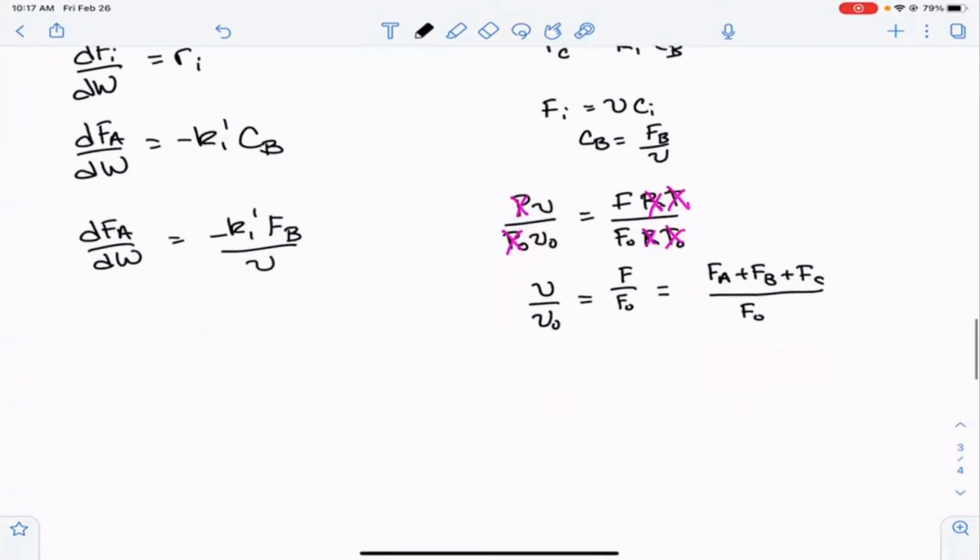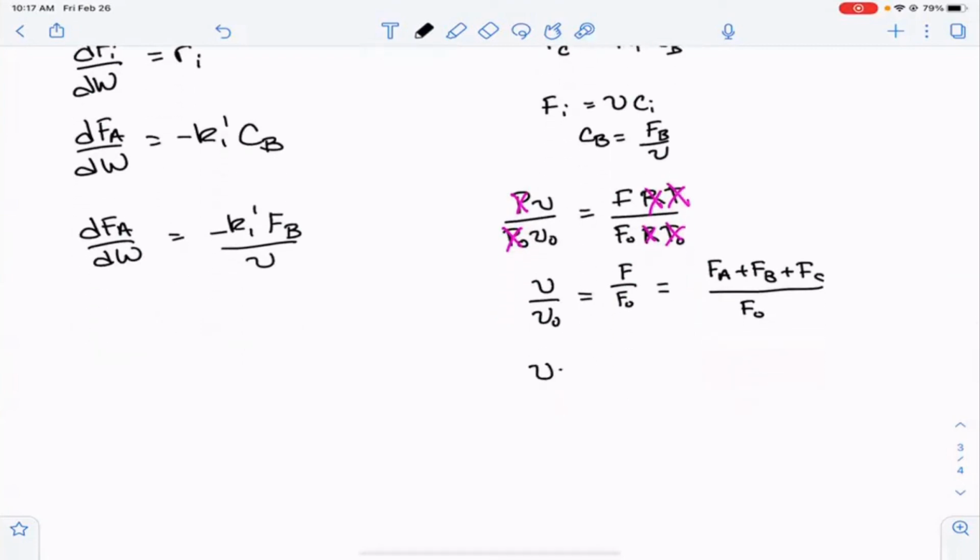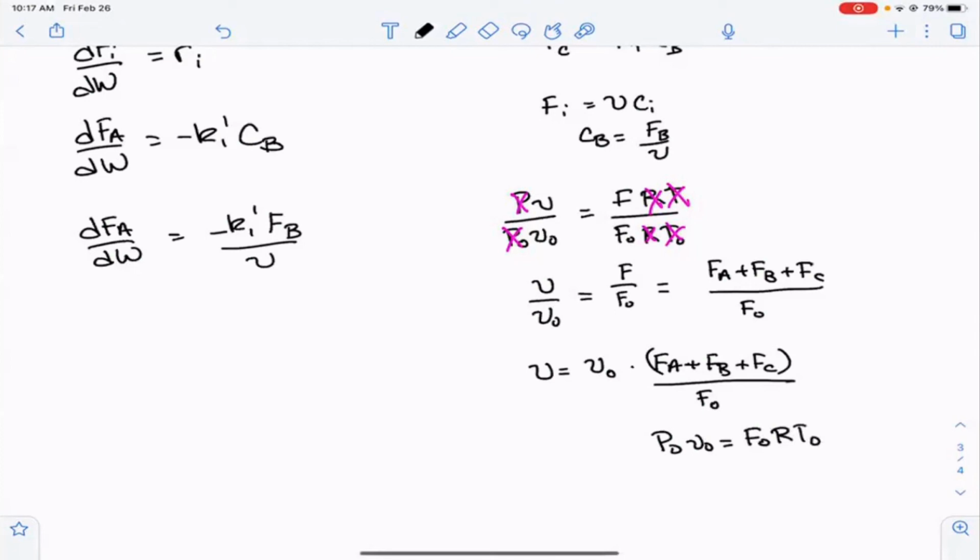Okay. And so then our volumetric flow rate equals our initial volumetric flow rate times FA plus FB plus FC over the initial molar flow rate F0. And we actually know what V0 over F0 is because P0 V0 equals F0 R T0.